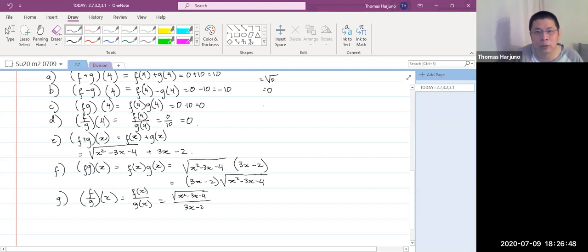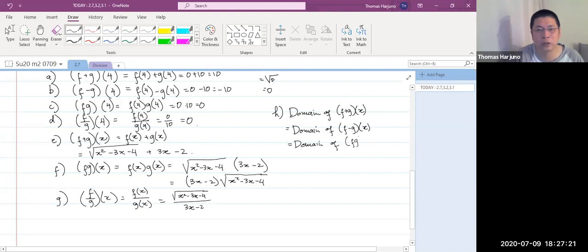Part H: find the domain of f plus g of x, which we know will be the same as the domain of f minus g of x, and the same as the domain of fg of x.